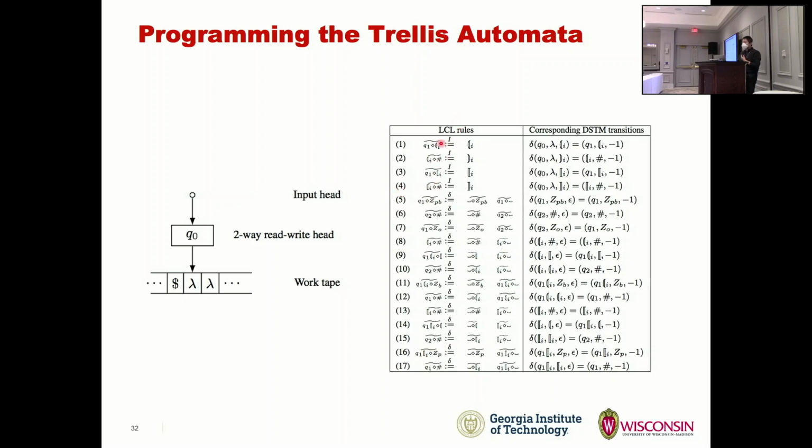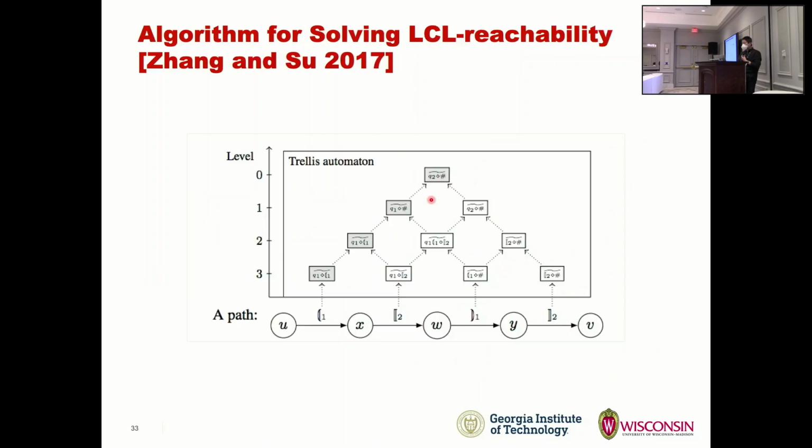The first is the initialization rules, which take a terminal label as input and generate a non-terminal label. The second type of rules is from 5 to 17, where we take two non-terminals as input and then generate a new non-terminal. That corresponds to this triangle representation. If we have left states and right states, we go back to the previous slides to check what output state it should be, and then we keep on populating the reachability information.